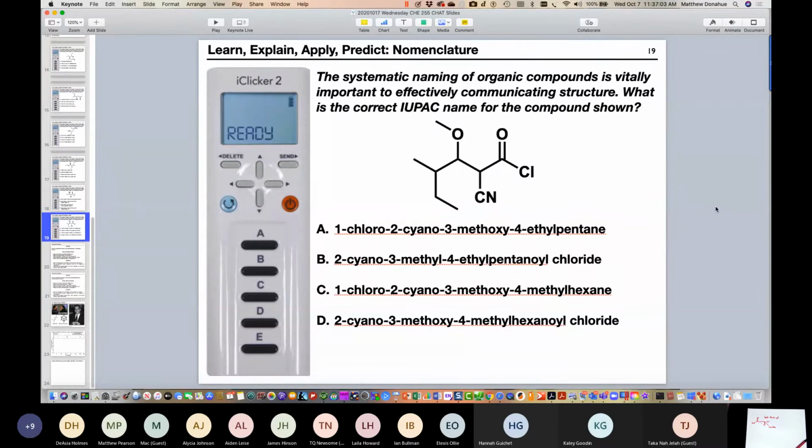Before we move on, let me ask you, what do you think is wrong with A and C? And that gets to what Taka had asked in her question, and Aiden had looked up on ChemSpider, 4-chloro-4-oxo-butanoic acid.